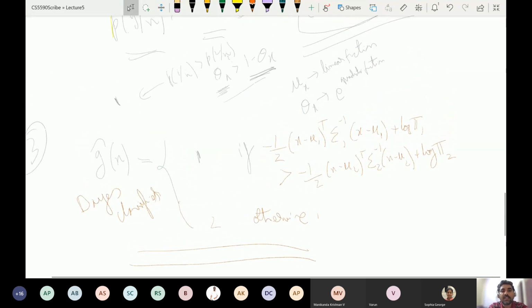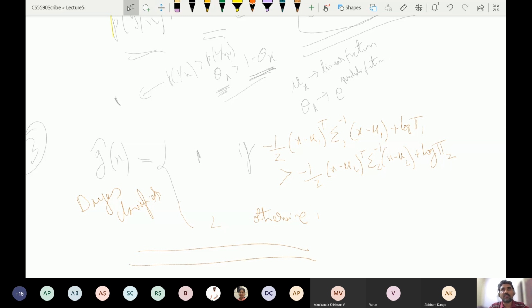Are there any doubts in the derivation of the Bayes classification model? Sir, does naive Bayes classifier mean the same thing, or is it related to this? No, it doesn't mean the same thing. It's a special case of Bayes classifier. This model with some more assumptions is the same as naive Bayes.